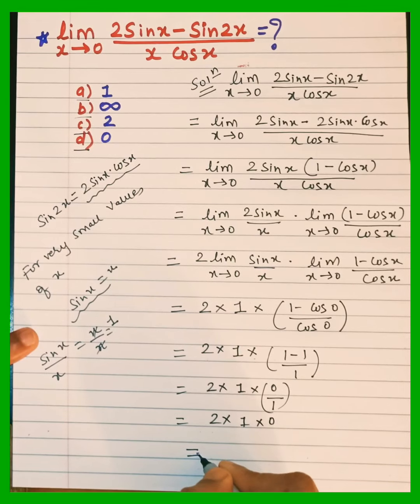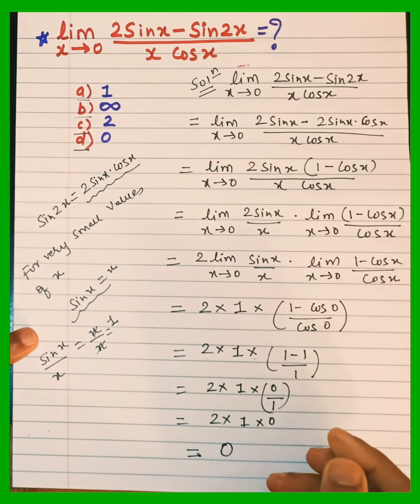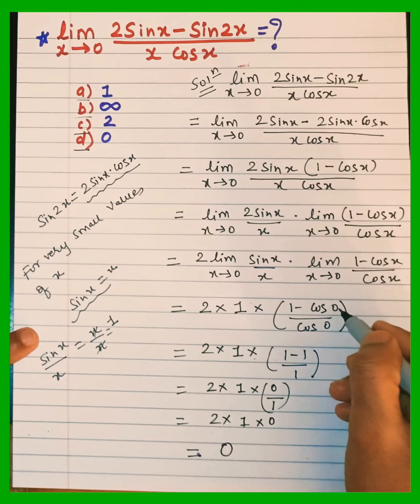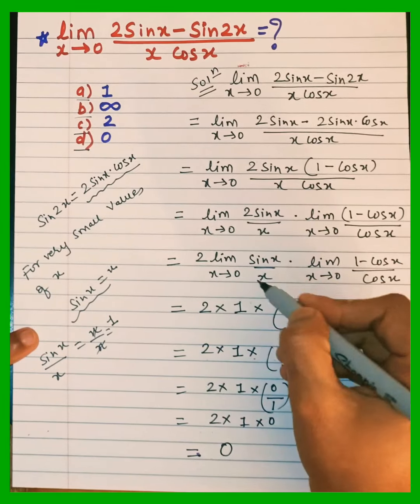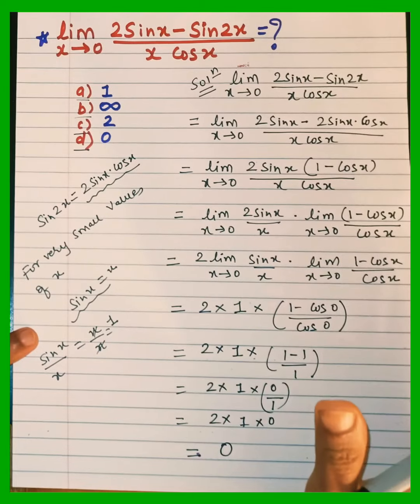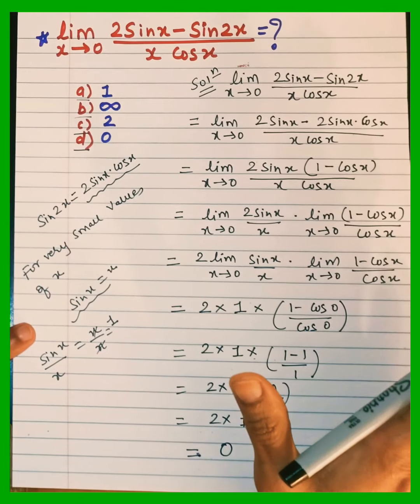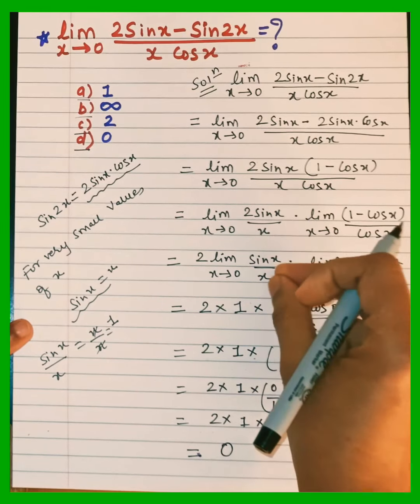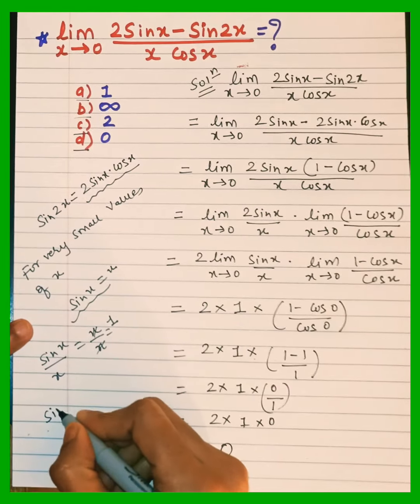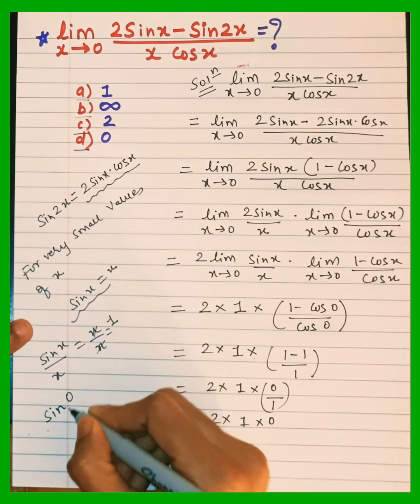So the answer will be 0. Now you may think that here we have kept 0 in place of x in this part, but why have we not done the same thing over here? That question may arise, so I'll explain that part also. If you put the value 0 here, you will get sin 0 upon 0.